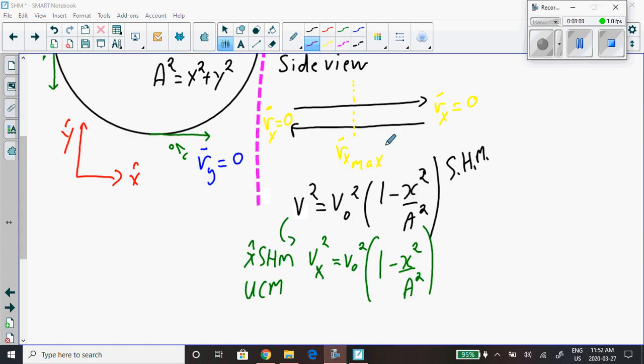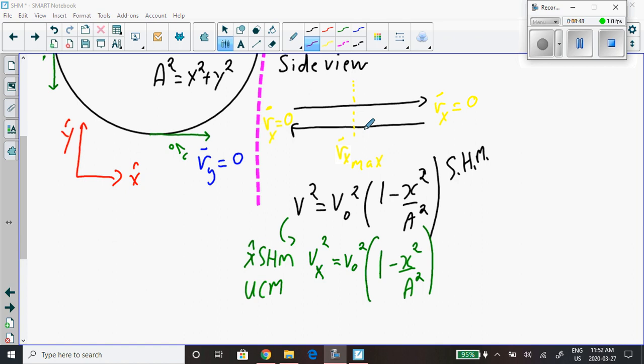Here is the equation that I had in the previous lesson from today. It says that the velocity of an object at any point while it's undergoing simple harmonic motion is equal to the velocity that it has at maximum, which we know is v naught, that magnitude never changed, times what we have in the bracket here: 1 minus x squared, what is its x position as it's moving back and forth, all over amplitude squared.